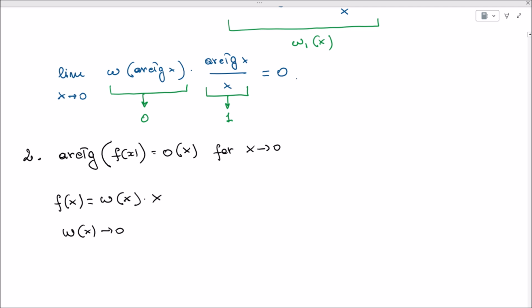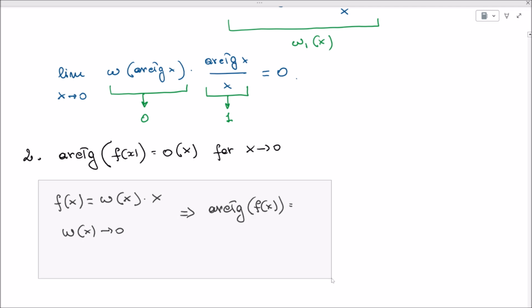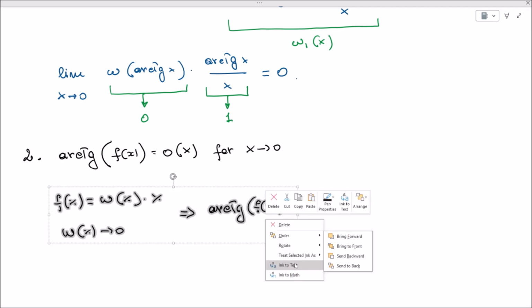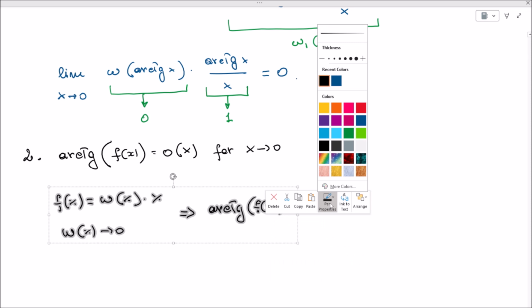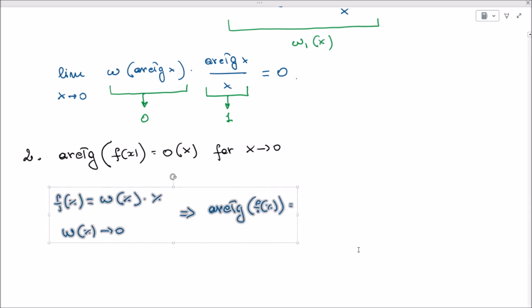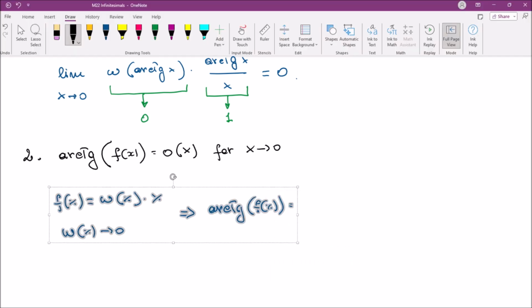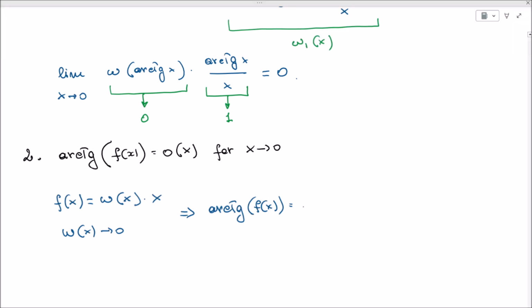But this implies that arctangent of f of x, right? Let me change the color because this is just a proof, so I'll make this blue. And let me change the color of the pen. So we want to prove now arctangent of f of x.